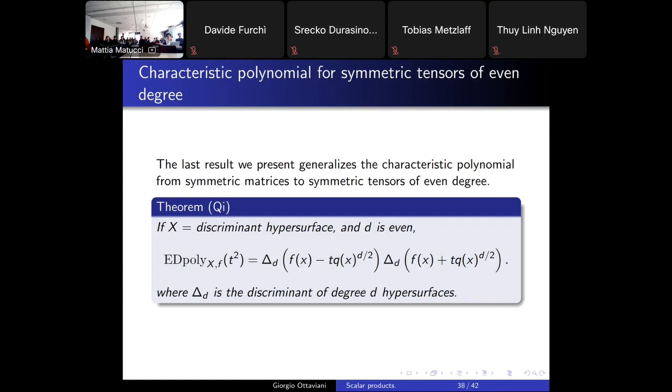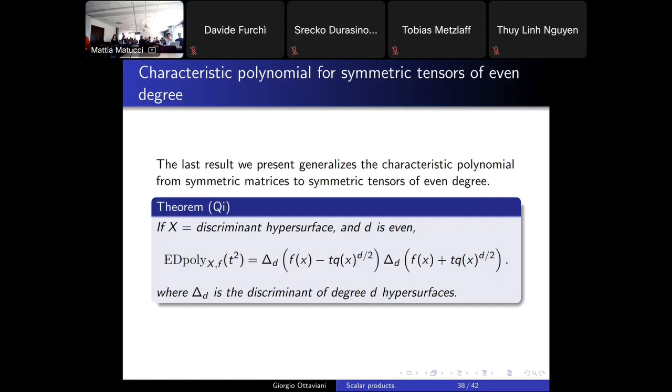So to the best of my knowledge, there is no generalization in odd degree or in the non-symmetric case, which is pretty mysterious. The mysterious fact is why this works so well and why there is no generalization. So in some sense it makes this a generalization of the characteristic polynomial. You have the characteristic polynomial of a quadric.